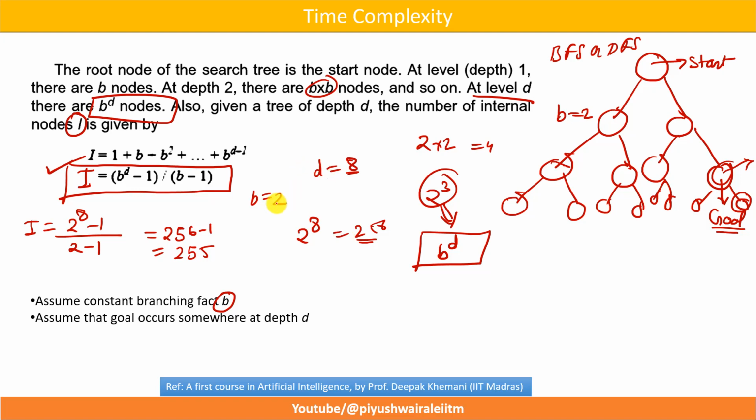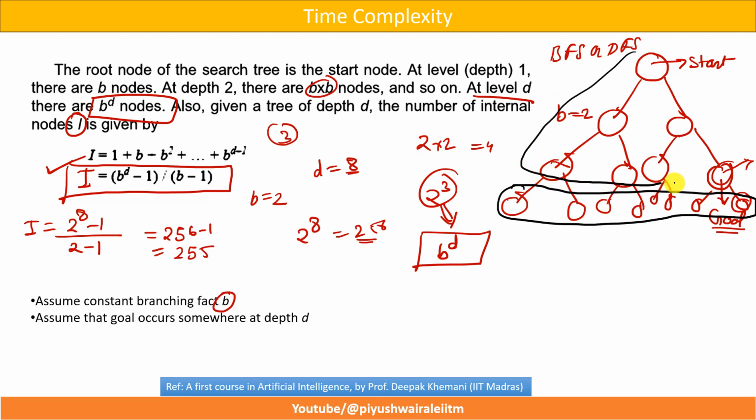And if you assume b equals 3, then the difference between the internal nodes and the nodes at the last level will increase. So we can say that there are more leaf nodes than internal nodes.